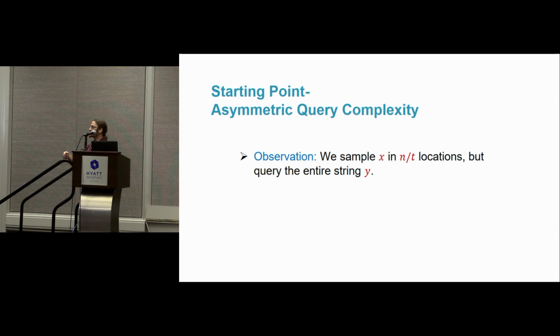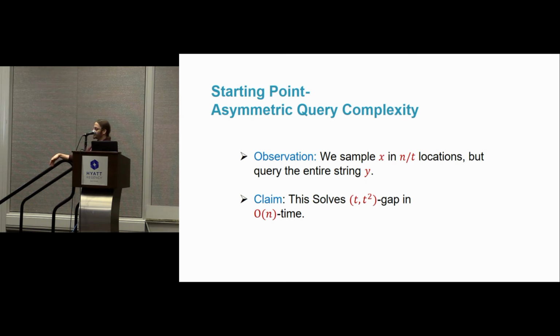And since there are 2t candidate shifts, we have n over t times 2t. Then we have to read the entire string y. So this algorithm indeed is somewhat sublinear. It is just querying x in few locations, but on the other hand, it has to read the entire string y.